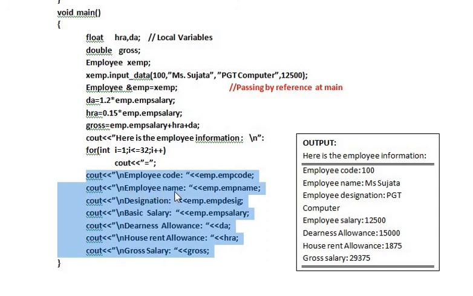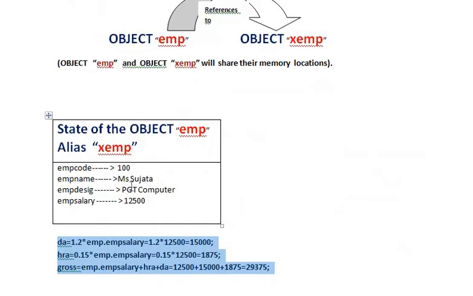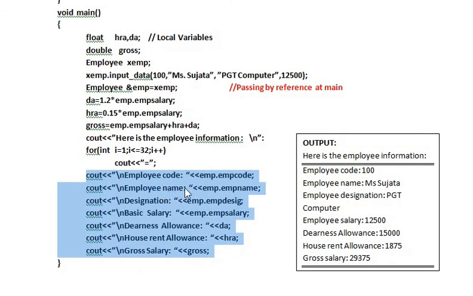Then it prints the text employee name into the output, followed by the value of the data member EMP name. As the value is MS Sujata, it prints employee name and MS Sujata into the output like this. Then it prints the text designation, which is within inverted commas, into the output.